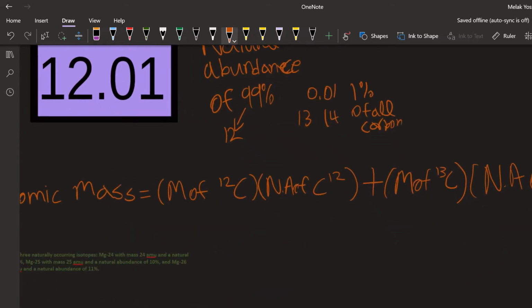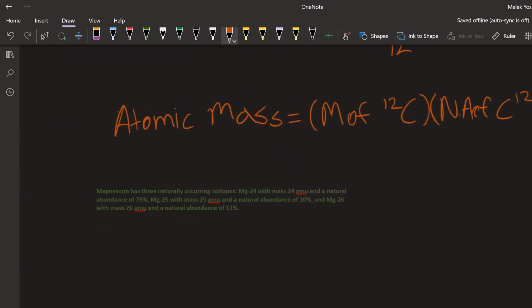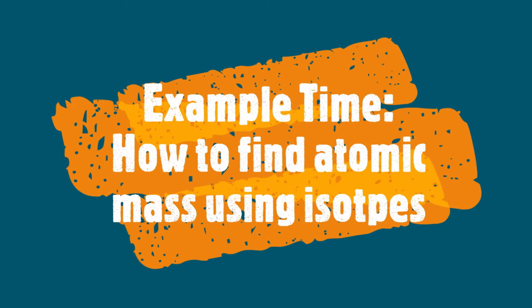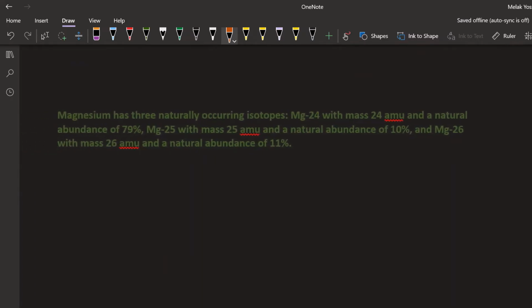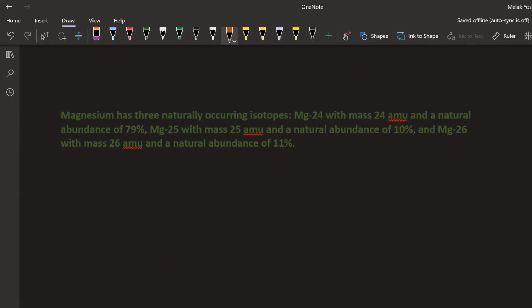So let's do a question like that with magnesium. The question reads, magnesium has 3 naturally occurring isotopes: Mg24, whose mass is 24 AMU, with a natural abundance of 79%; Mg25, whose mass is 25 AMU, with a natural abundance of 10%; and Mg26, whose mass is 26 AMU, with a natural abundance of 11%.